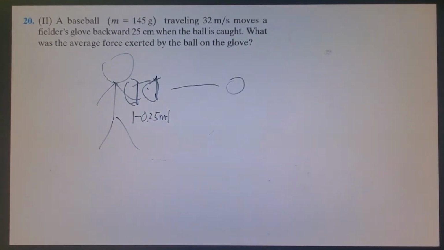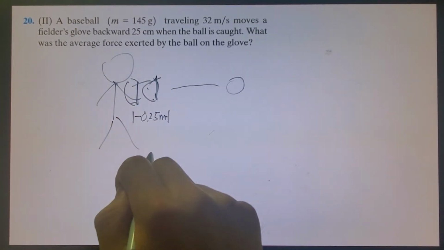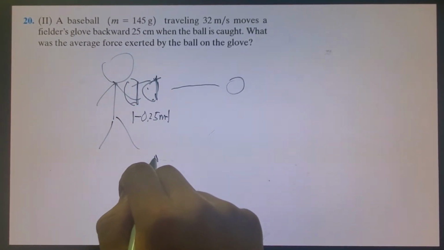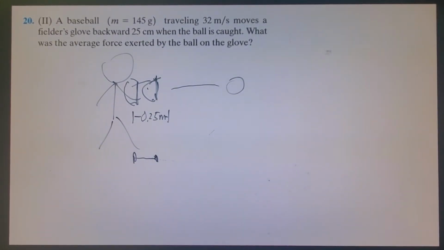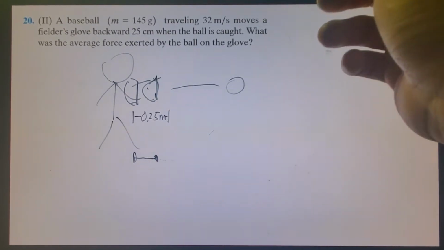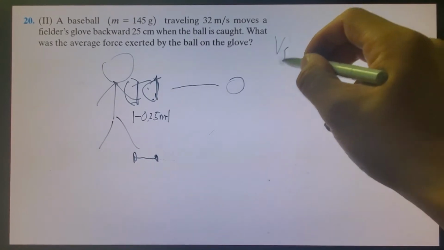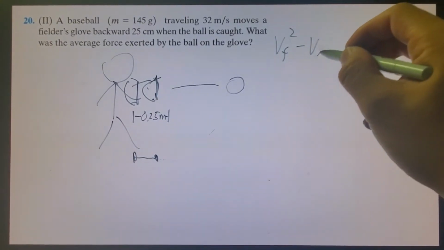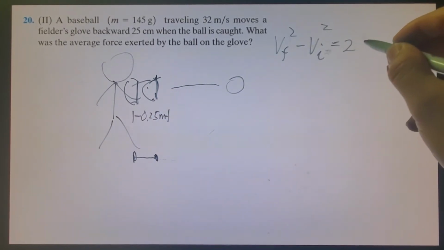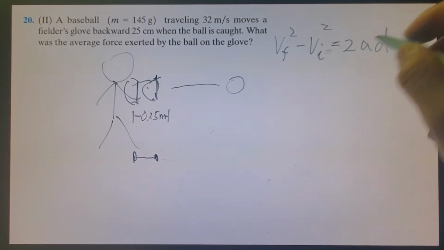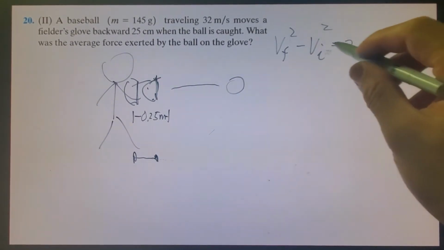Okay. So earlier this semester, what we know is when you have initial velocity, you move to final velocity and it stopped. So I'm going to write down that magical formula from 5 weeks ago. That is V final squared minus V initial squared equal to 2 times acceleration times D. In this case, D is 0.25 meter.